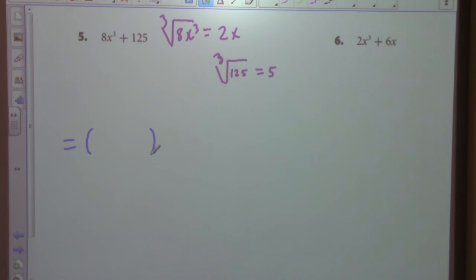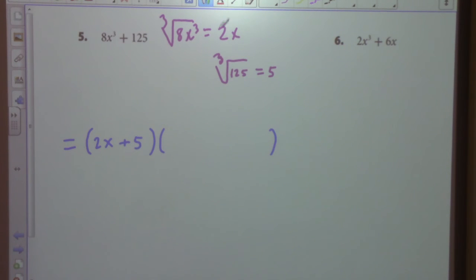So we do it just like we did 3, right? I think so. And then it goes to 2x, right? And then minus 5, plus 5.